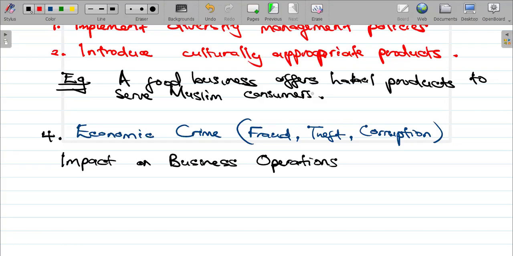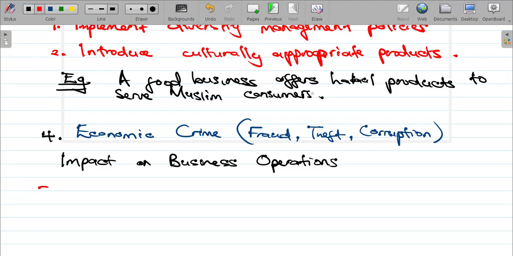So these include, one, you can find that the business may lose stock and money because of theft, because of fraud, right? The business will need to increase security and insurance cost in case of theft and fraud. And also the investor confidence will be reduced if these crimes occurred at the company. Right? The investors may not have confidence in investing in that business.